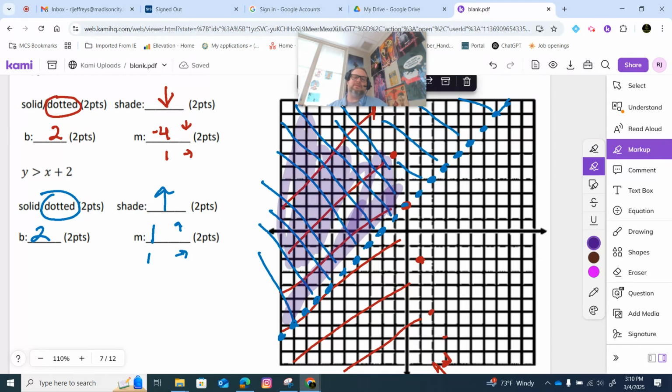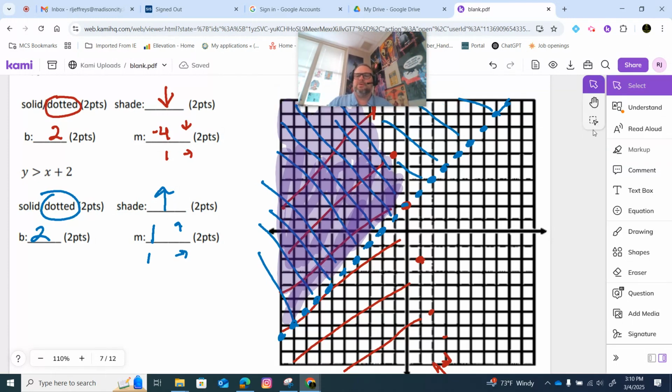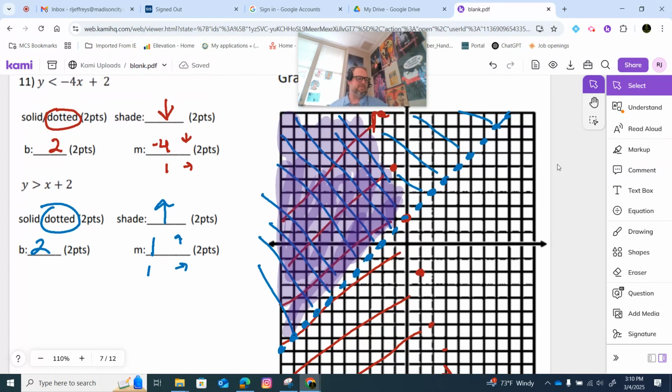So that's where our red lines and our blue lines overlap, and we got purple. Okay, so that right there where I've made it darker, that's our actual answer.